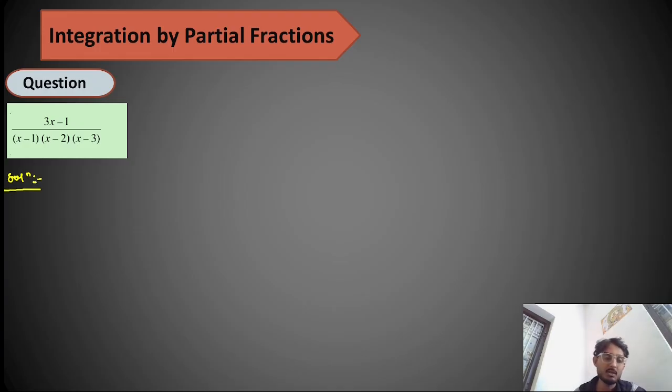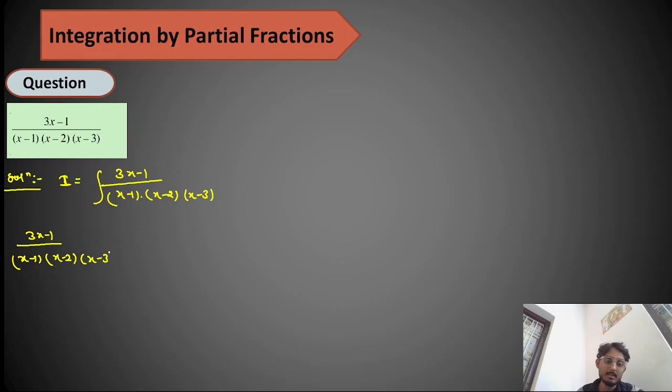So here, (3x minus 1) upon (x minus 1)(x minus 2)(x minus 3). How can you write the solution of this question? We write it as A upon x minus 1 plus B upon x minus 2 plus C upon x minus 3.